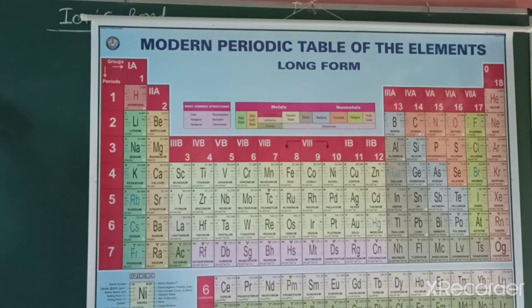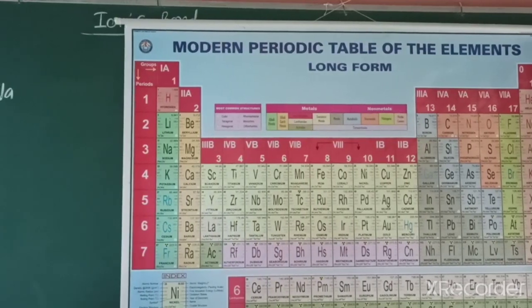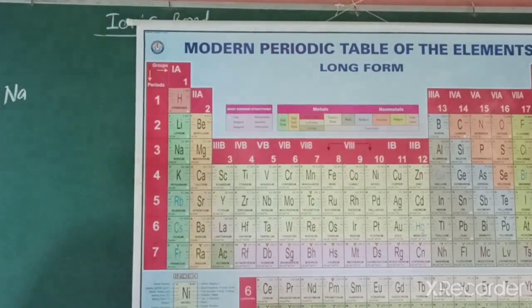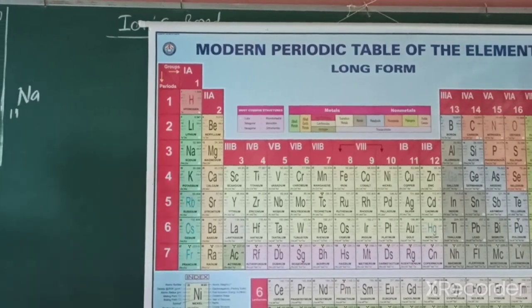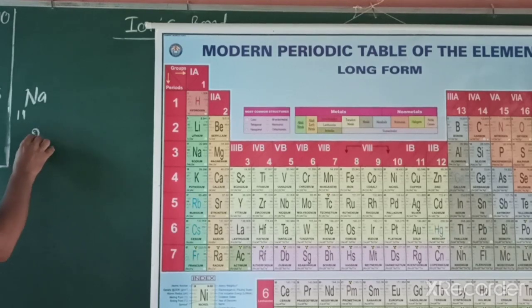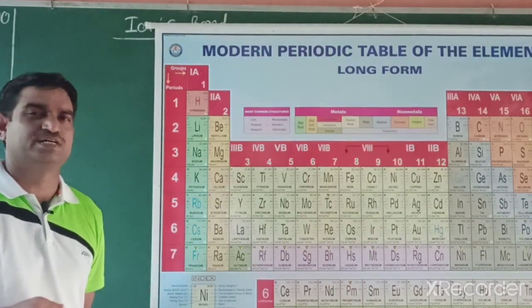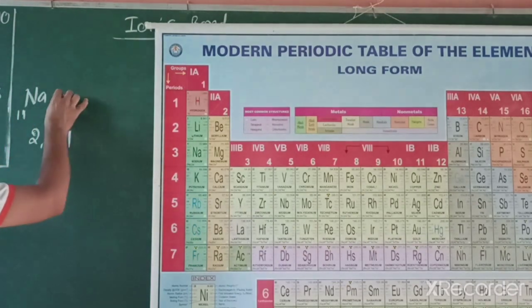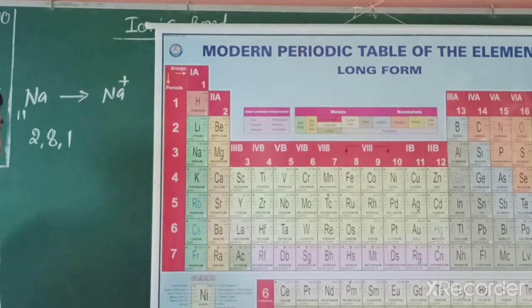If we take the example of the element sodium, students, its atomic number is 11. So what is the configuration of sodium? We can write 2, 8, 1, because K, L, M, the last shell is M and it has only 1 electron. So it loses the 1 electron and changes into a sodium cation.